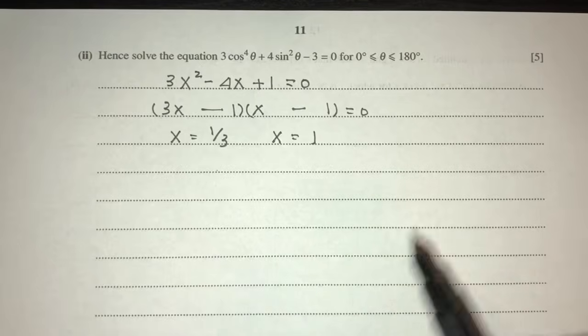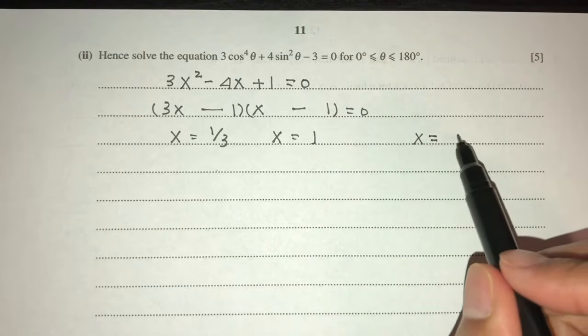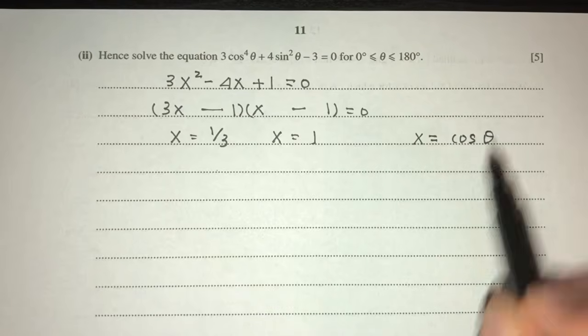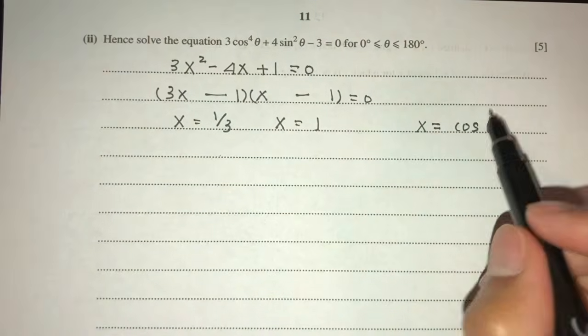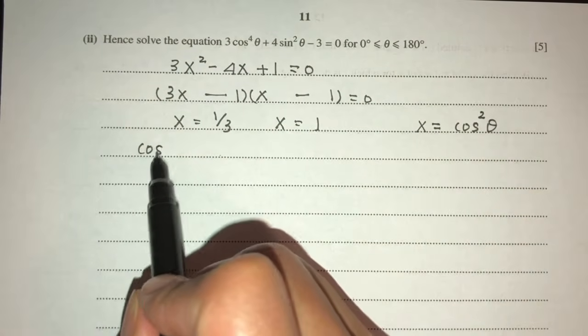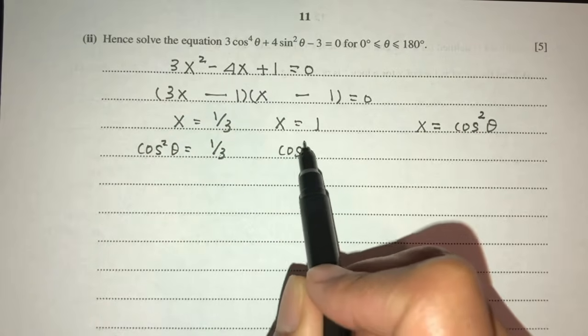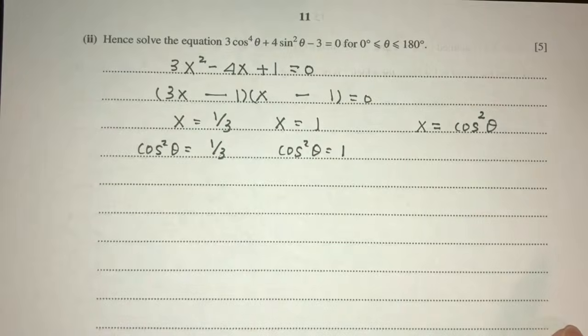Now, as you guys know already from part 1, we say that x is actually equal to cos square of theta, right? So replace that back to this, you will have cos square of theta will be 1 over 3, and cos square of theta will be 1.